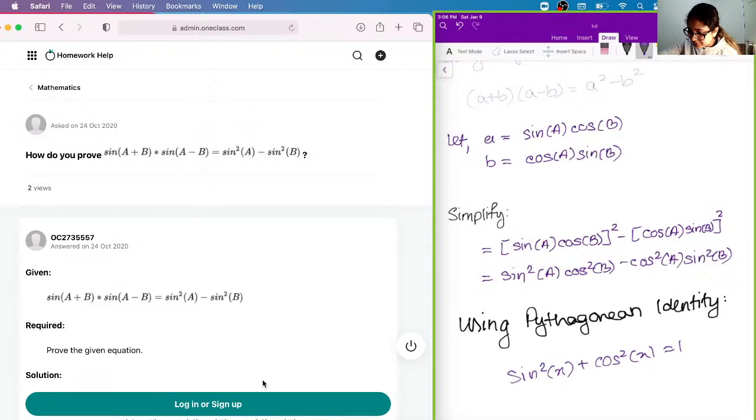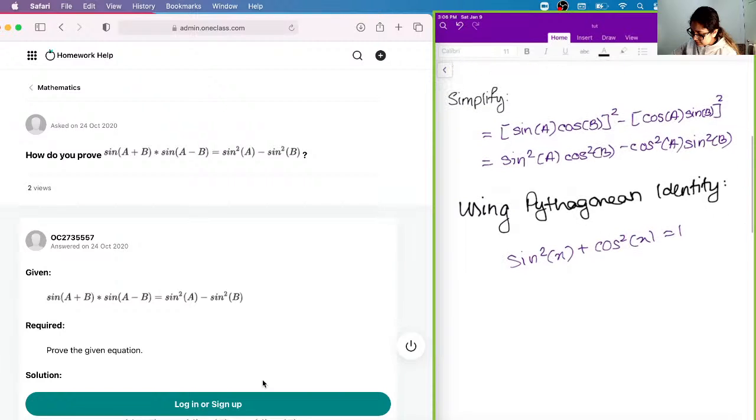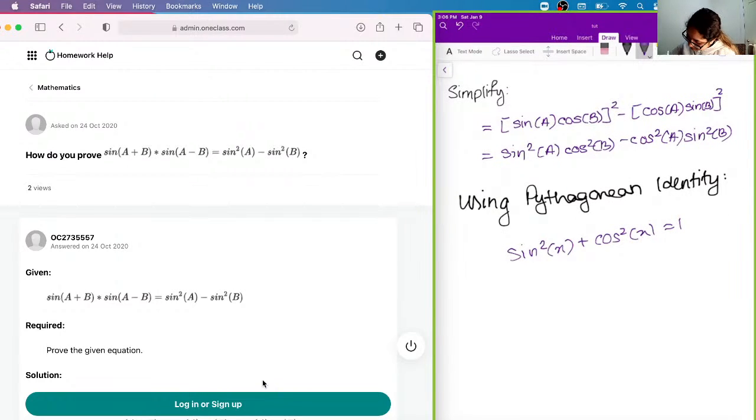And so we can rearrange this to find sine of x and cos of x. From this we can say that sine squared x is equal to 1 minus cos squared of x, and we can also say that cos squared is equal to 1 minus sine squared of x. Right?